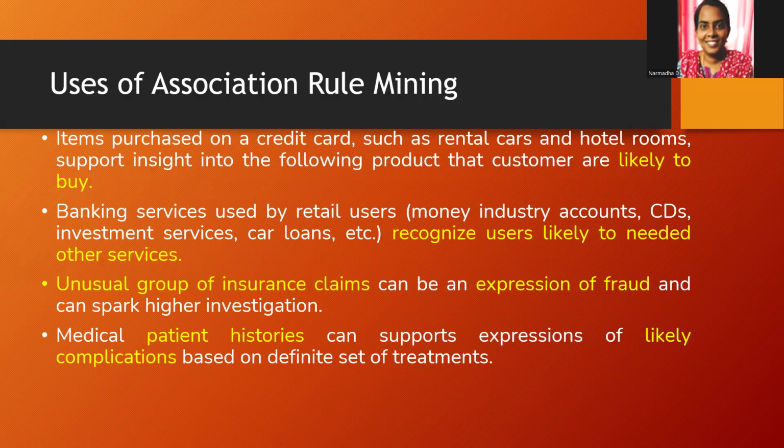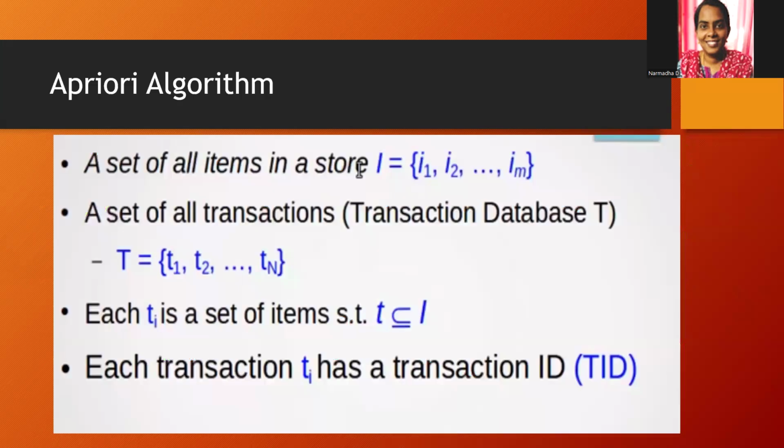Similarly, in insurance claims, if there is a sudden surge of claims, that gives an understanding of a fraudulent act. Similarly, in medical patient histories, how likely is a patient to get into complications based upon the treatments he has undergone? These are all use cases of association rule mining.